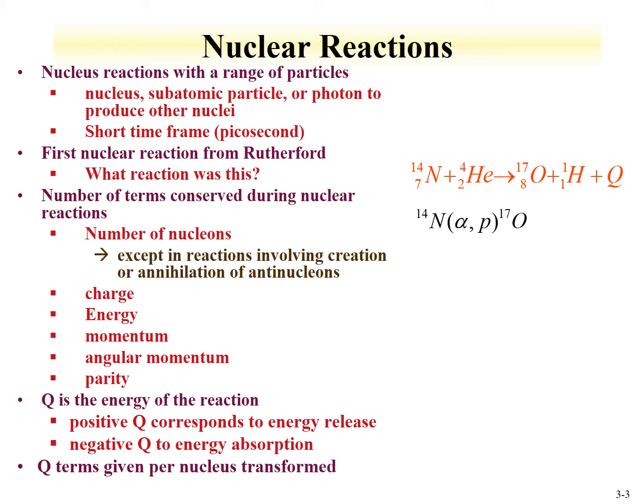As we've already discussed, there's a Q value which describes the reaction. The Q value is the energy of the reaction. If it's positive, it corresponds to energy release; if negative, energy absorption. And the Q value, as we discussed earlier, is energy per nucleus transformed.